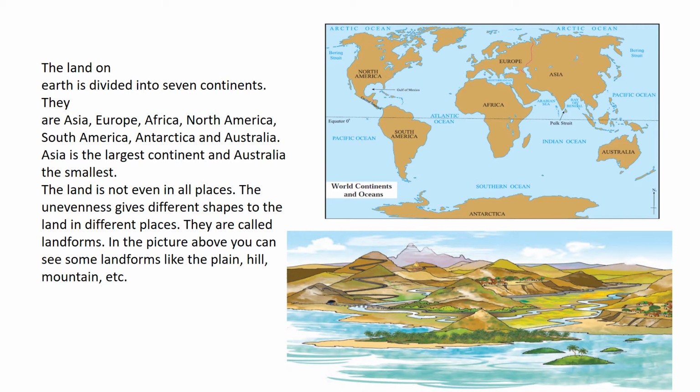In some places the land is very deep, in some places it is at a great height. They are called landforms. In the picture above, you can see some landforms like the plain, hill, mountain, etc.